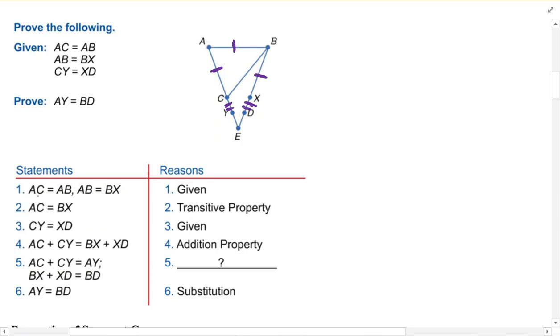From step 1, we have AC equals AB and AB also equals BX, so AC equals BX by the transitive property. Then we used our third given, CY equals XD, and to step 2, we added the same amount to both sides of step 2. So that gave us AC plus CY equals BX plus XD.